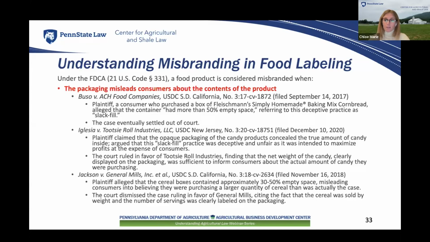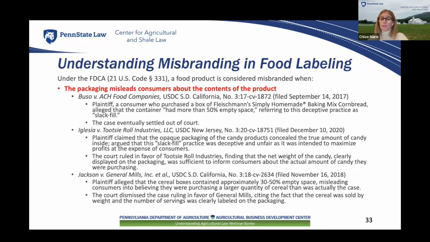In the second case, the plaintiffs alleged that Tootsie Roll Industries used deceptive packaging practices to maximize profits at the expense of consumers. The company allegedly sold opaque theater candy, Junior Mints and Sugar Babies products that failed to adequately inform customers about the amount of candy they were actually purchasing.